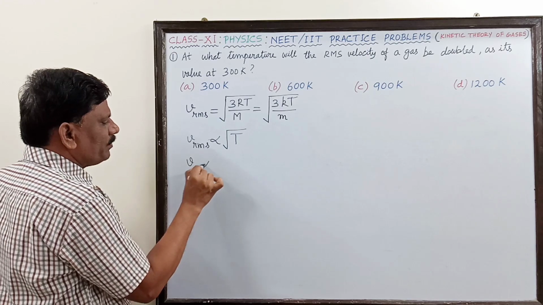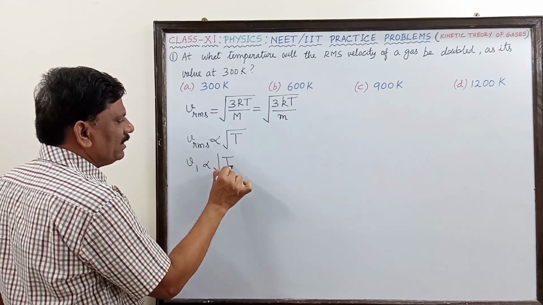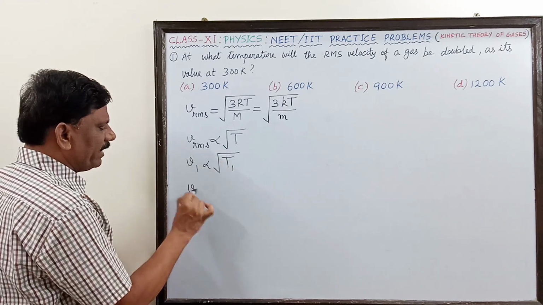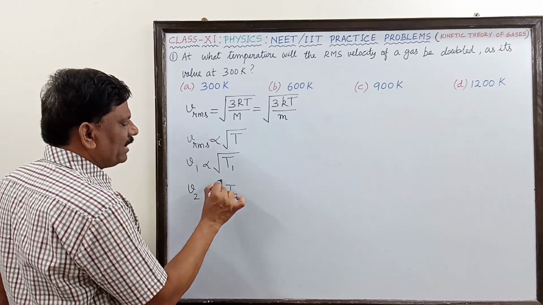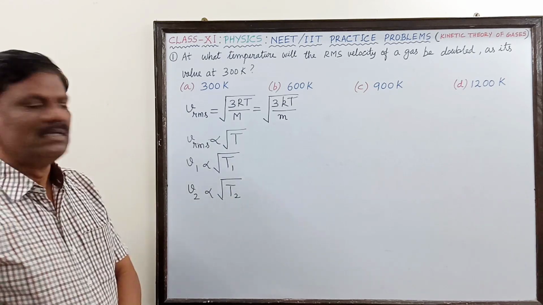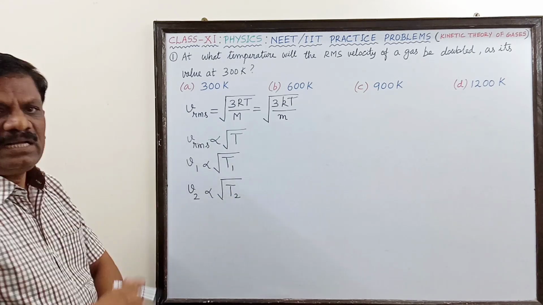So V1 is proportional to temperature T1 inside the square root. Similarly, at a higher temperature, V2 must be proportional to the square root of temperature T2. So we have to find T2.